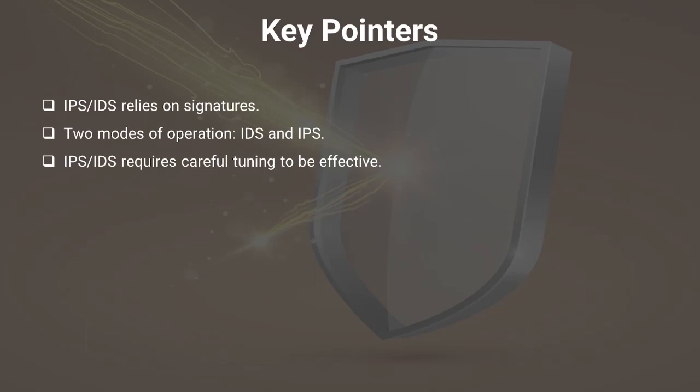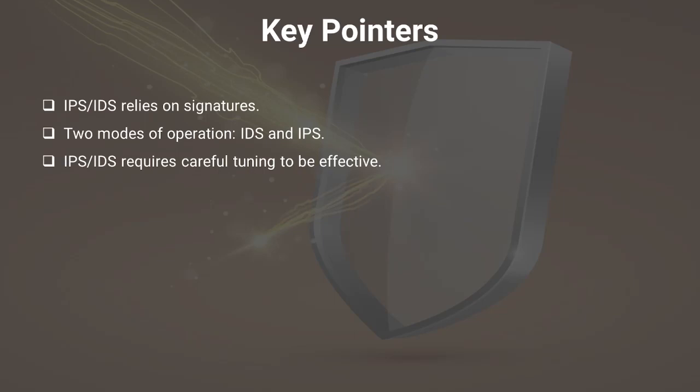There are two modes of operation, the IDS and IPS. IDS only detects attacks and IPS prevents attacks. The best practice for simpler organizations or networks is to start with the IDS mode, and after you weed out all the false positives, then switch to the intrusion prevention system.